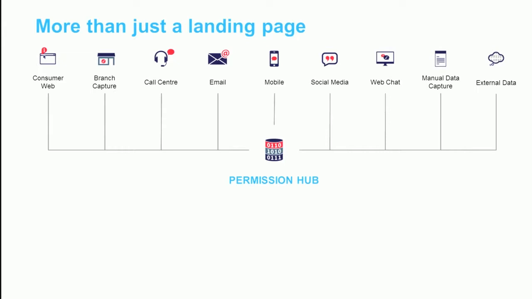So we mentioned the preference center as the visual front end, but actually it needs to be integrated into all of the channels and all of the systems that you have to make sure that when you're asking people to update their details, that it's actually replaying the details that you hold about them. So bringing in data from your website, your call center, your point of sale, all of those data and all of those systems together.